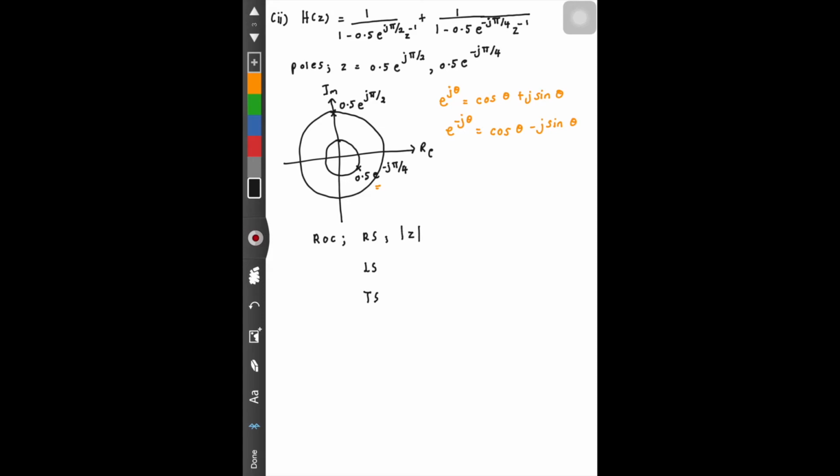For right-sided, modulus z is greater than 0.5 exponent j pi over 2. For left-sided, modulus z is less than 0.5 exponent j pi over 4.